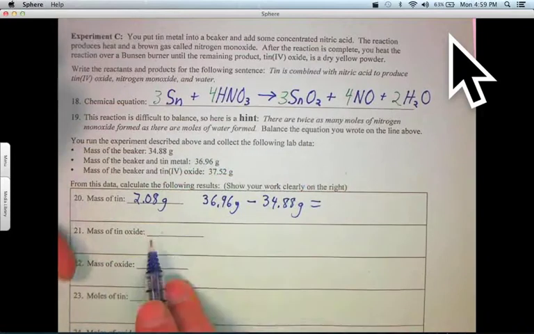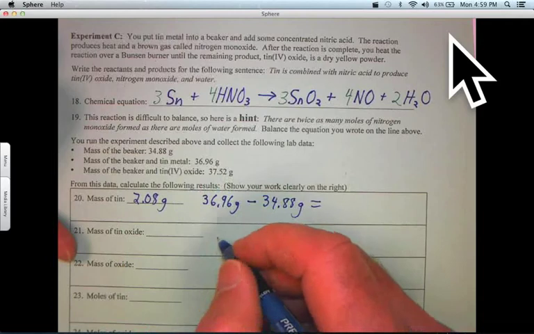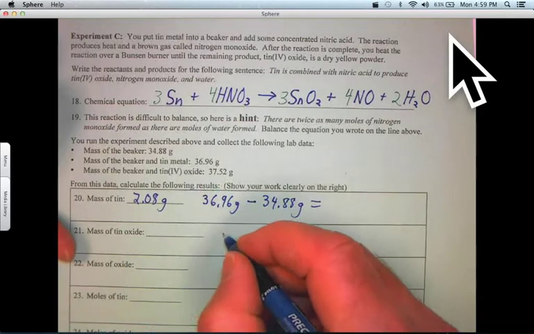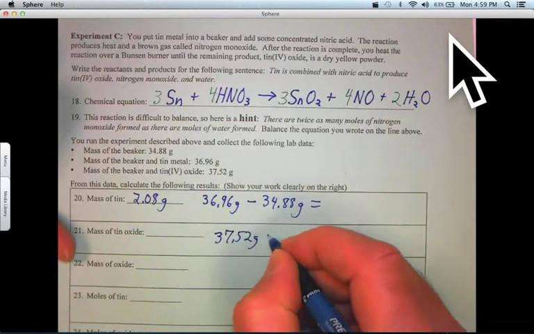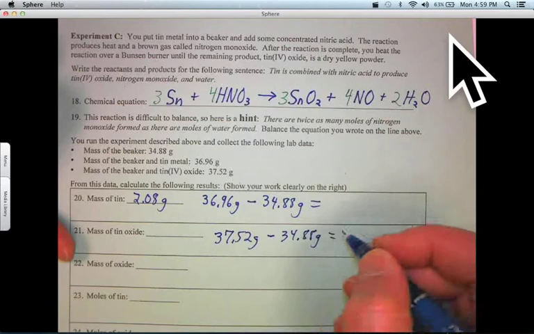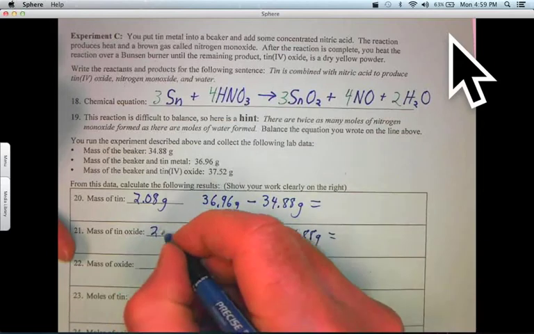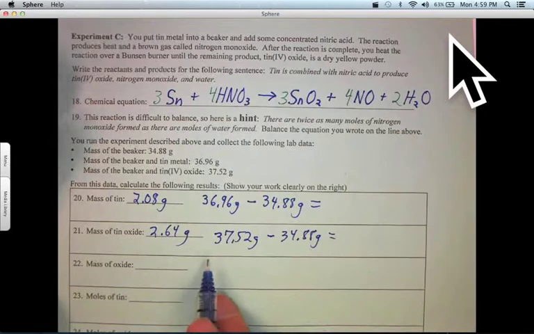Mass of tin oxide. Well, we take the beaker plus tin oxide and subtract the beaker. So, similarly, 37.52 grams minus 34.88 grams equals 2.64 grams. How much does the oxide weigh?